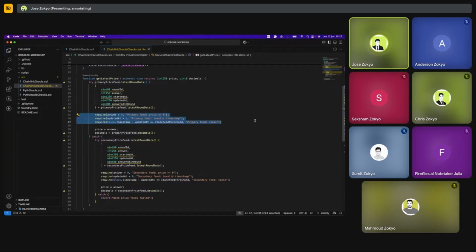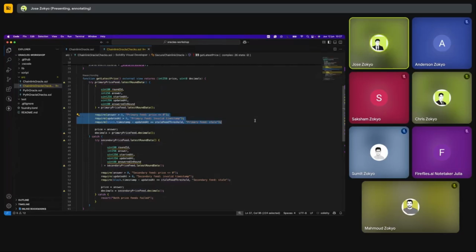I would strongly recommend the client perform these checks, because otherwise they could think they are retrieving correct prices, but instead they are getting prices which are not correct, which may be stale prices or prices returning a zero.